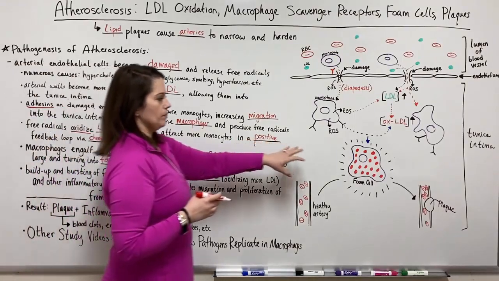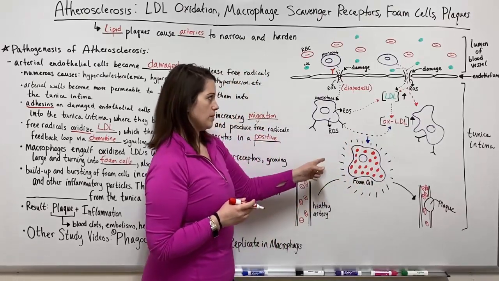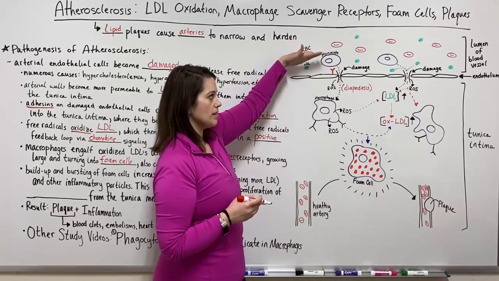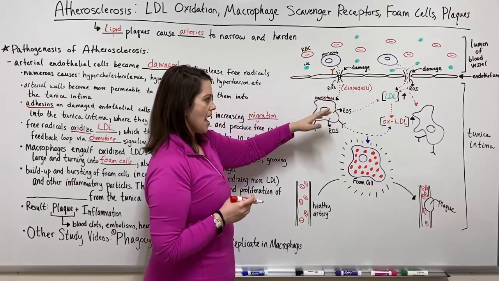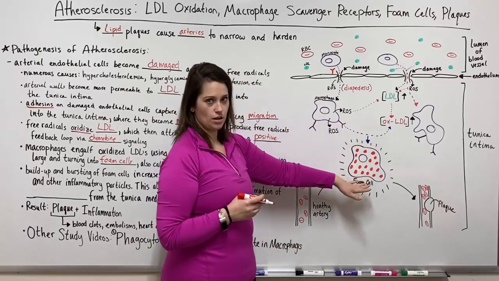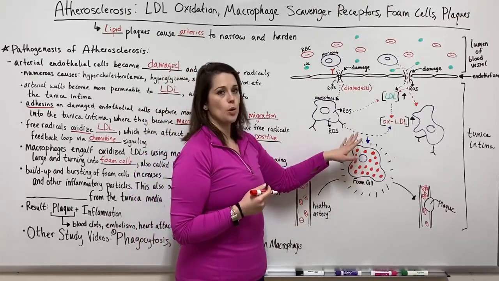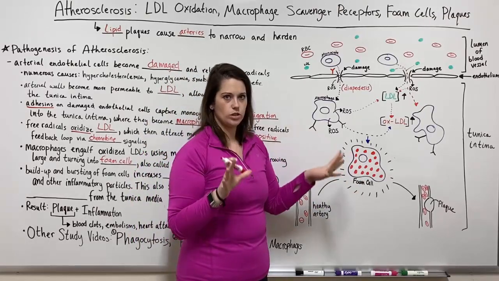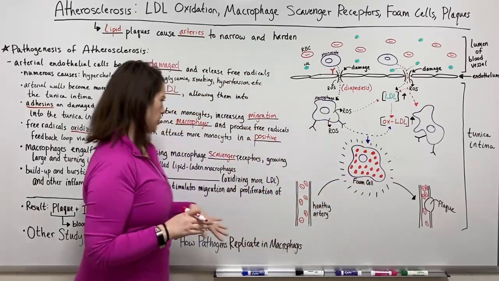Now, ultimately, you get a lot of foam cells, lots and lots of foam cells. It's because so many monocytes have crossed over into the tunica intima, and they have engulfed so much of this oxidized LDL. So they're building up, and they're also bursting, just spewing their guts out into the tissue.